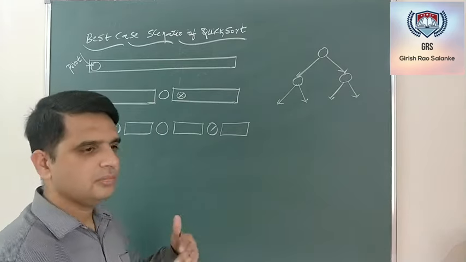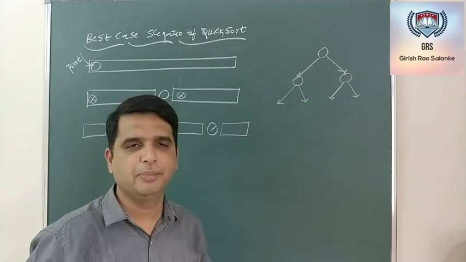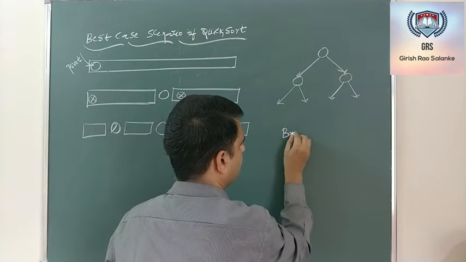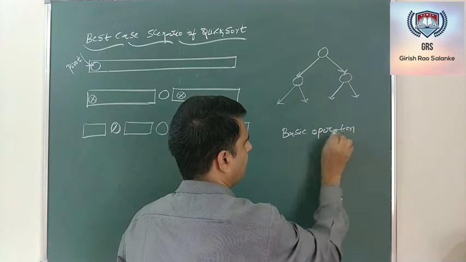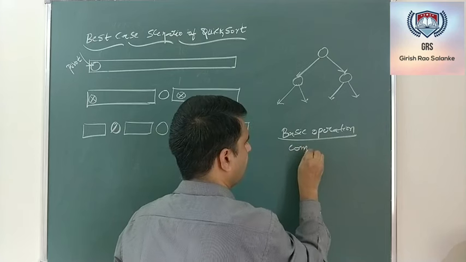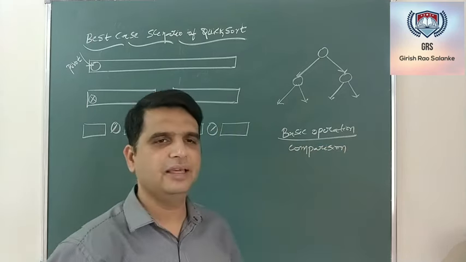Now, how to express the time complexity? Here the basic operation. What is the basic operation? The basic operation was comparison. You saw that I was comparing my pivot with A of j or A of i.